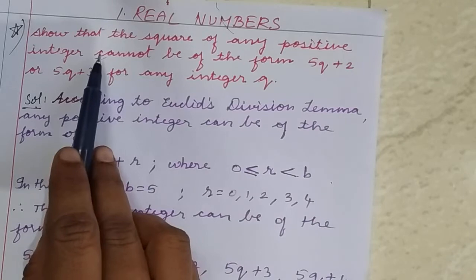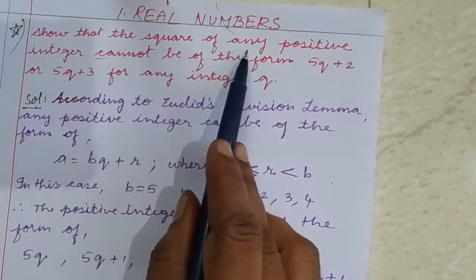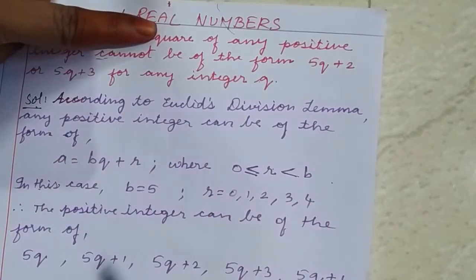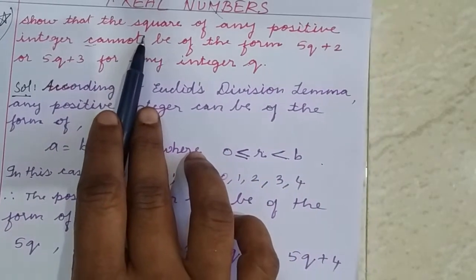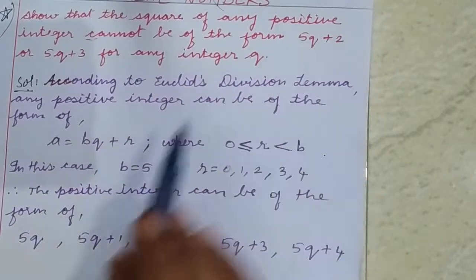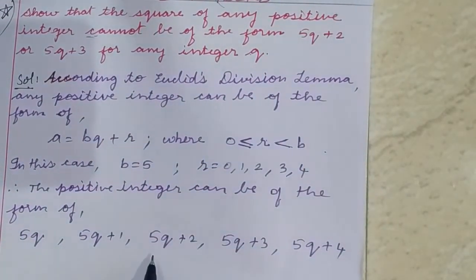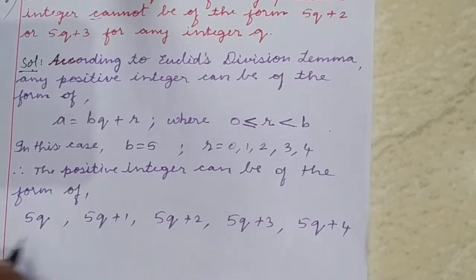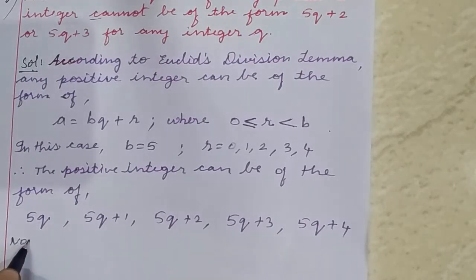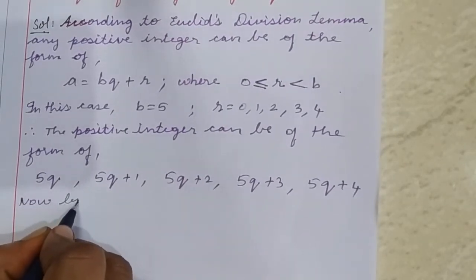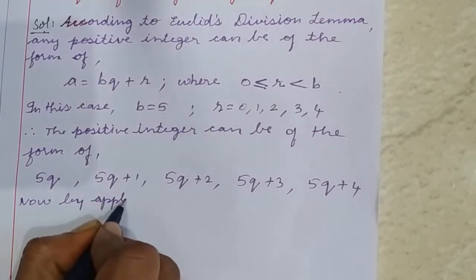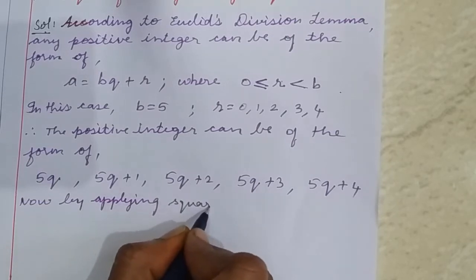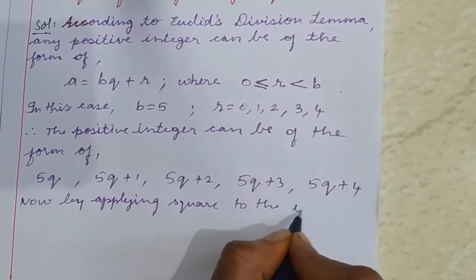In the question they have given clearly the square of any positive integer. If it is just any positive integer of the form, we can go directly to the statement, but the statement is the square of any positive integer. Therefore, we are going to apply the square to each and every integer and then find its value. So now, applying the square to the integers.